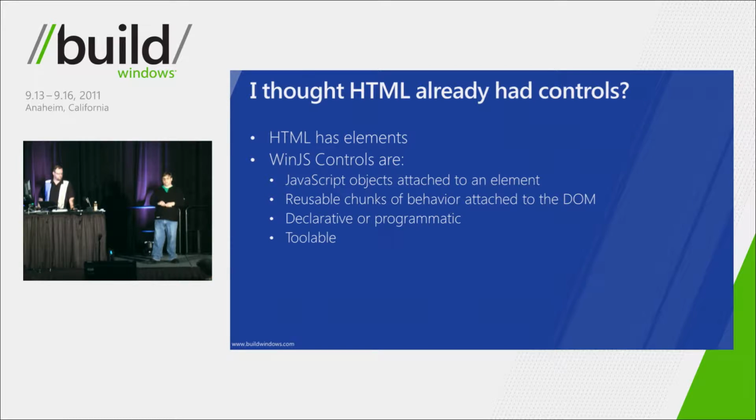The idea is there's a JavaScript object you attach to a DOM element. You can then implement anything you want in that JavaScript object, including dumping more DOM in, or hooking up event handlers, exposing your own API. Controls can be hooked up either declaratively or programmatically, and our control model is also toolable. It works really well in Expression Blend. Cool.